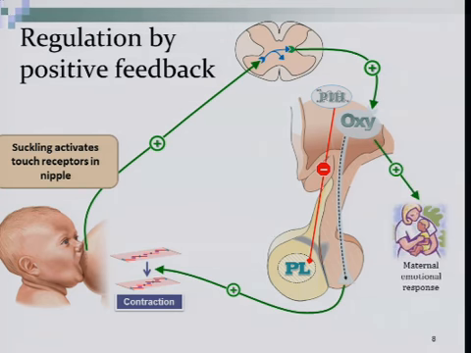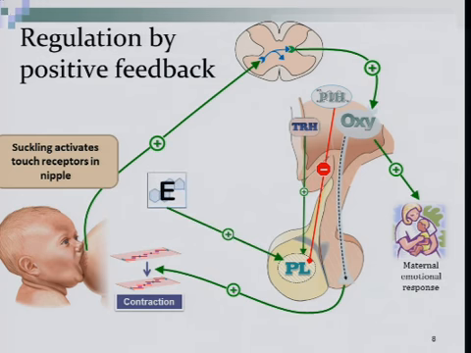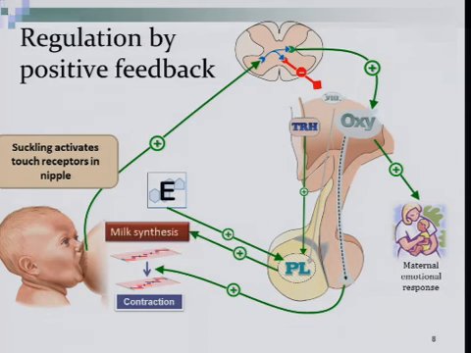And this is the same response that caused the maternal emotional response. And thyrotropin-releasing hormone and estrogen, which have been promoting synthesis of prolactin, now prolactin-inhibiting hormone is reduced by the same neural input, allowing prolactin to be released, increasing milk synthesis.